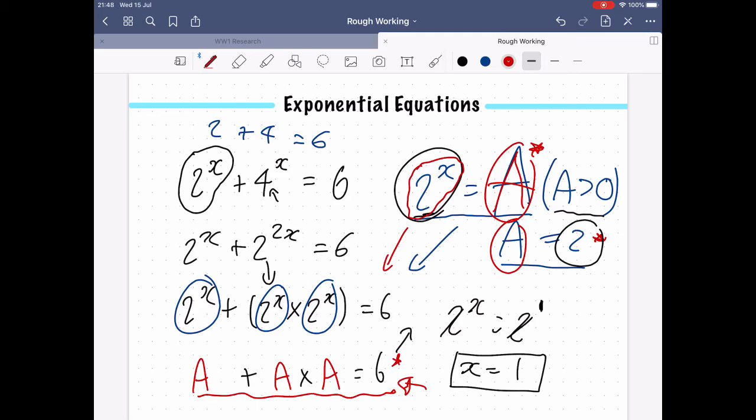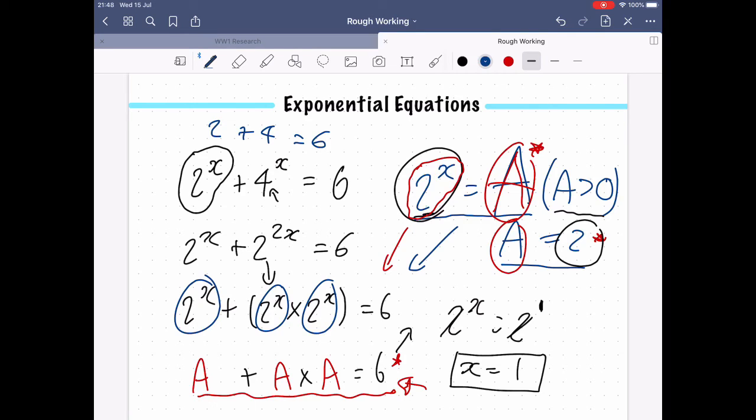You get the values for A. You take the ones that are greater than 0, because they can't be less than 0, and you find A. You use those positive values and you equate them to your original exponent, and this should give you a common base, so you can just use the original method to find x.